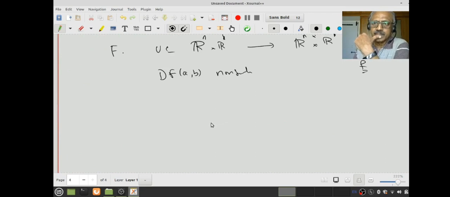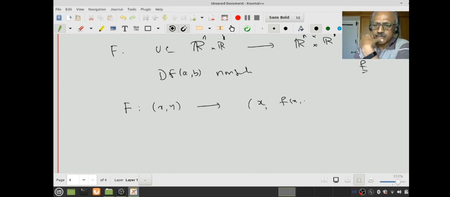Okay, this k by k matrix is non-singular, so what I want is something else. It's very easy, don't worry. F of x comma y goes to x comma f of x, y. Notice that x is in Rn and therefore this is also in Rn. And little f maps Rn plus k to Rk, therefore this is in Rk.